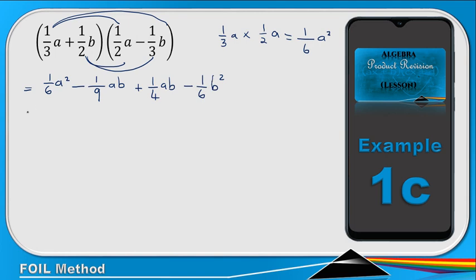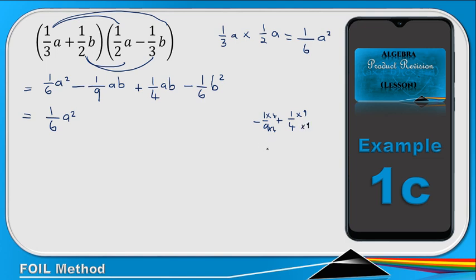Okay, and now we just add our like terms, and we can do this on the calculator. I'm just going to quickly do it here: minus 1 over 9 plus 1 over 4. So this is just 36. It's times by 4 times by 4, and then times by 9 times by 9.